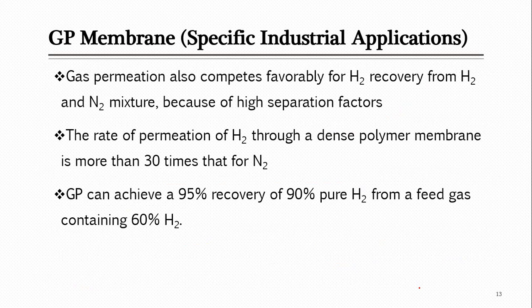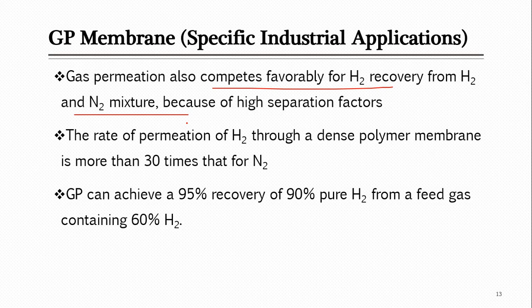Another industrial scale application, after the first one which we discussed, oxygen and nitrogen separation, is nitrogen and hydrogen, and we talked about this a few slides back about ammonia. In an ammonia plant they can be separated. So gas permeation also competes favorably for hydrogen recovery from a nitrogen and hydrogen stream.